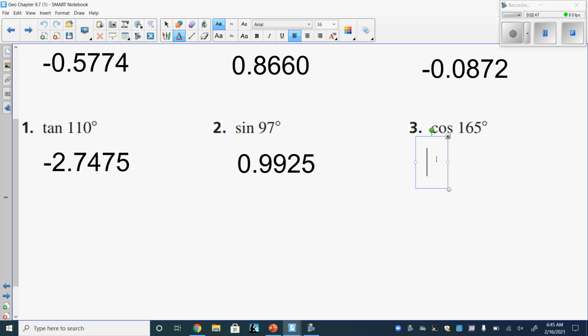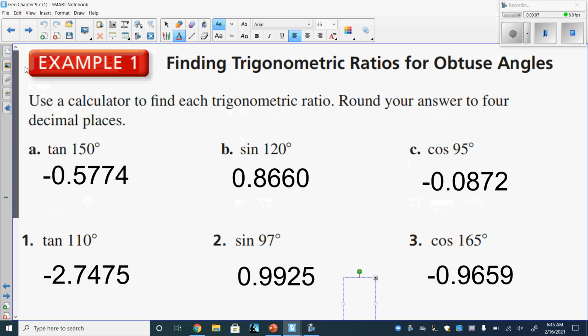We can type cosine of 165 into the calculator, and we get negative 0.96592, so it'll just stay negative 0.9659. That's all we have to do for these here. If we wanted to find sine, cosine, and tangent of angles that are greater than 90 degrees, an obtuse angle, we can just plug these into the calculator, and they would give us our answer.